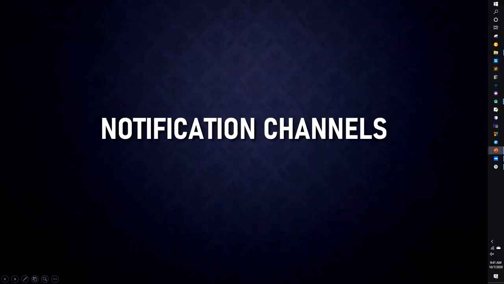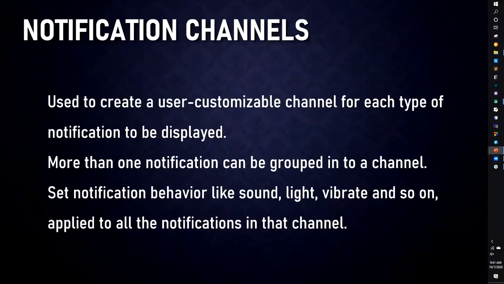There is one more thing here, the notification channel. When you create the notification, this is applicable in Android API level 26 and higher. It is used to create a user-customizable channel for each type of notification to be displayed. Before Android 8, there was no notification channel.